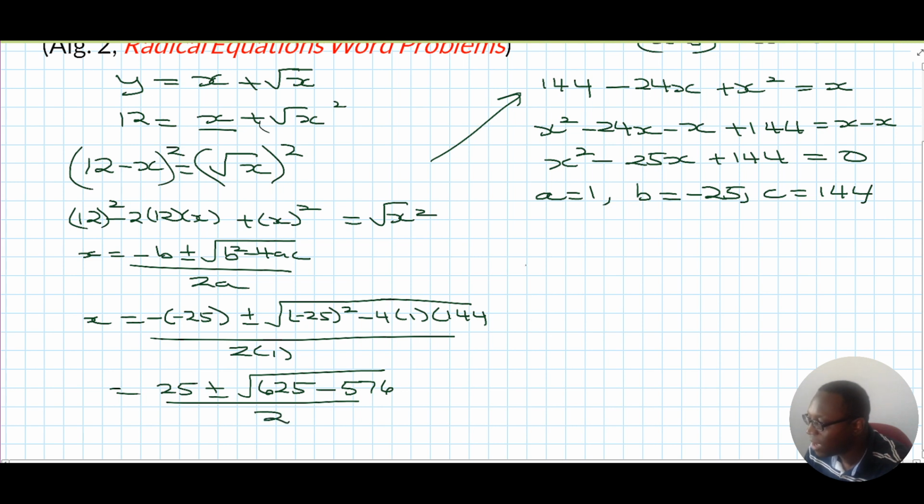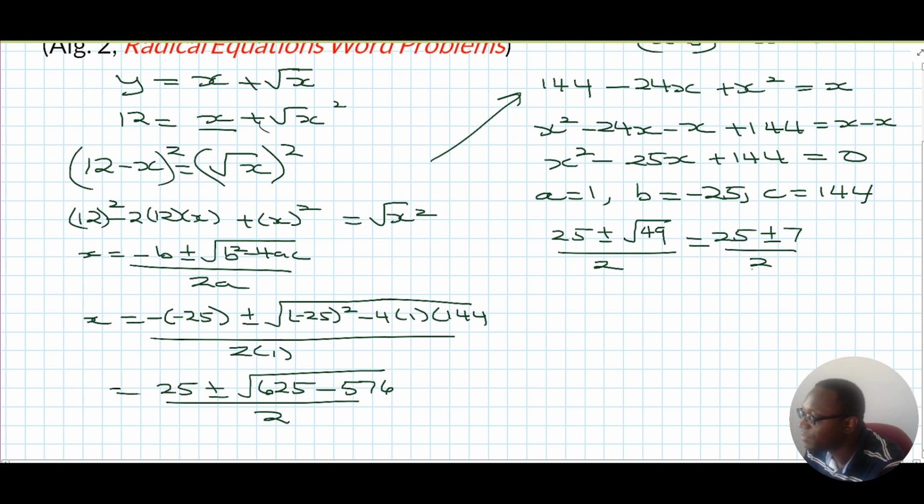So we have 25 plus or minus the square root of 49, divided by 2, which is 25 plus or minus 7 divided by 2.